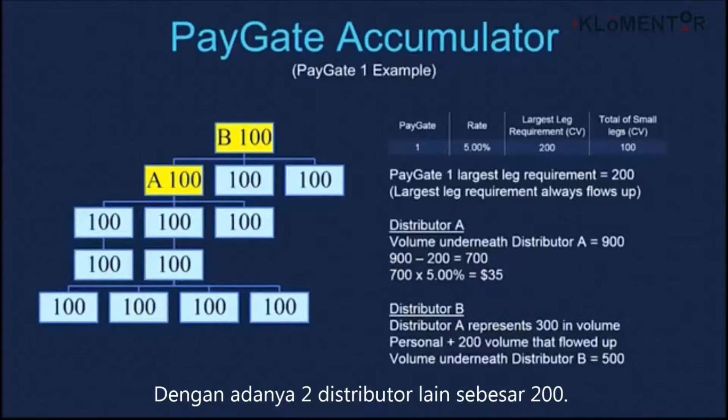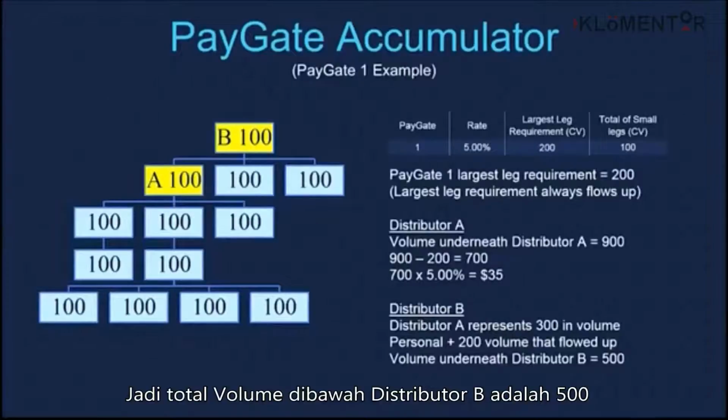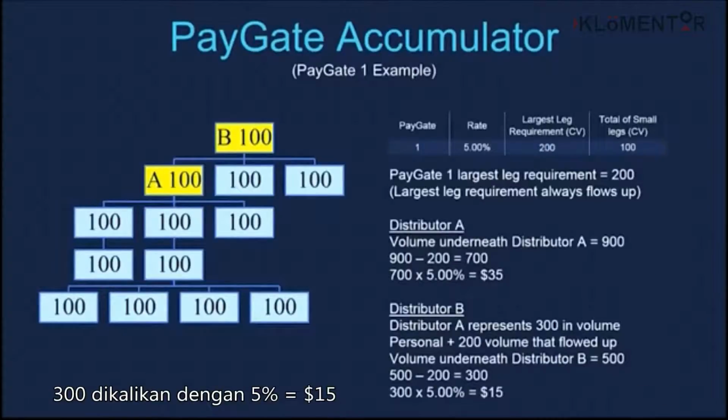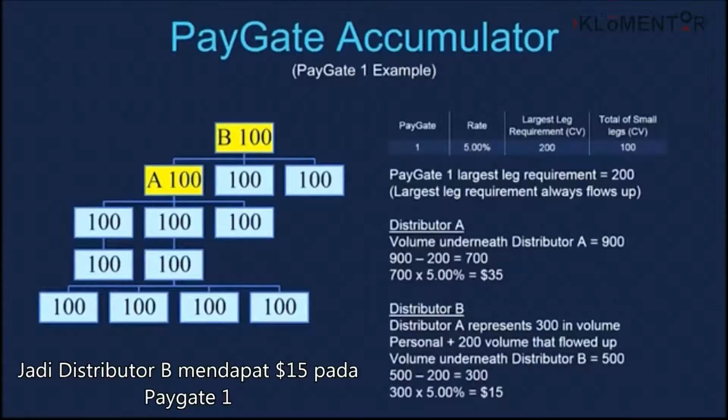There are 2 more distributors, each with 100, so the total volume underneath Distributor B for this example is 500. We then take that 500, and again subtract the largest leg requirement of 200 to give us 300. We then multiply that 300 by 5% to give us $15. So Distributor B in this example would earn $15 on Paygate 1.